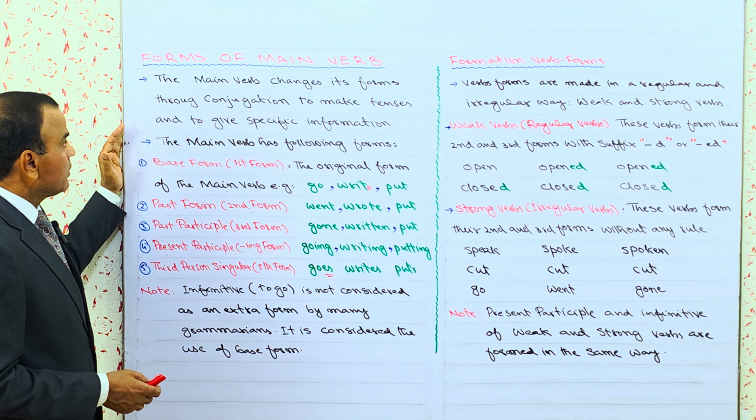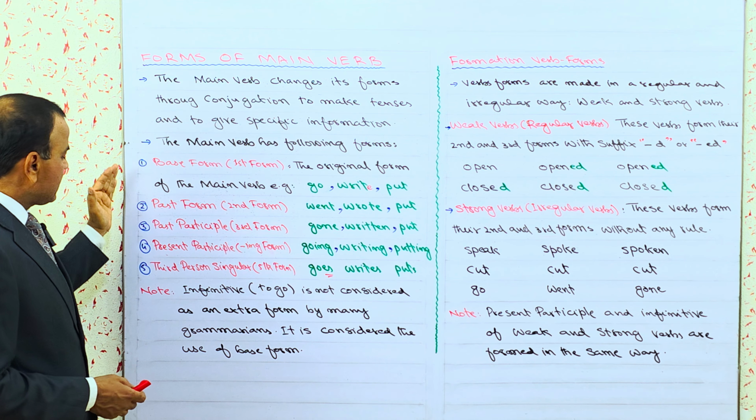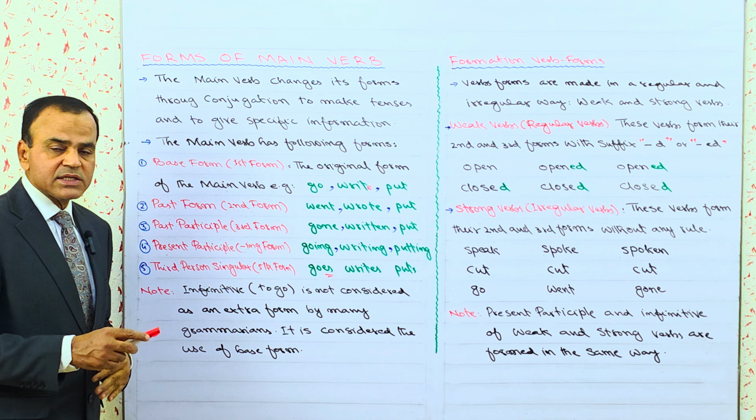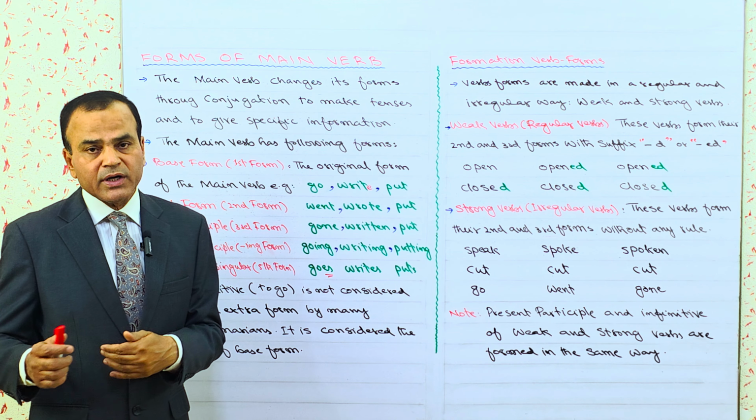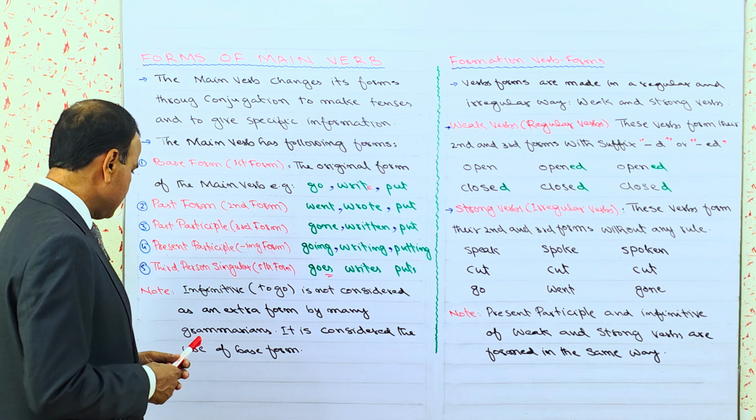So the main verb has these five forms, and these five forms are used in various ways to form different expressions and tenses.